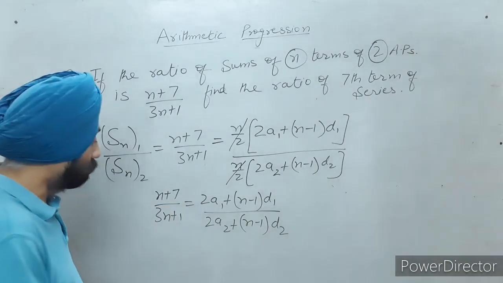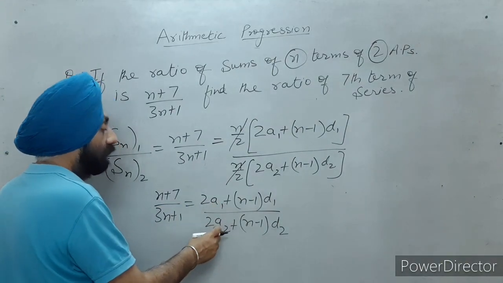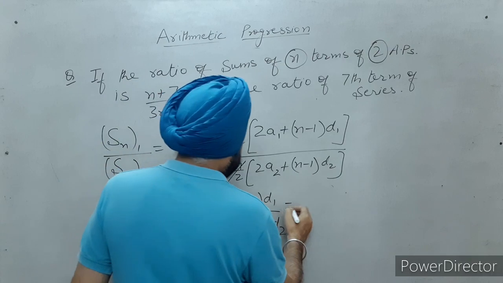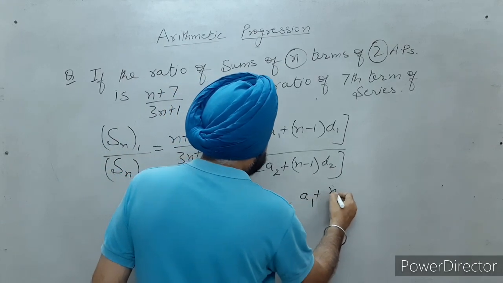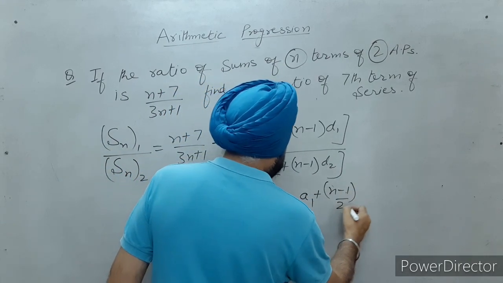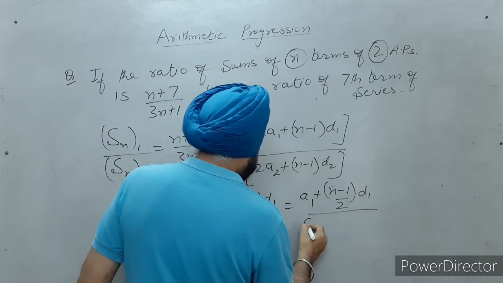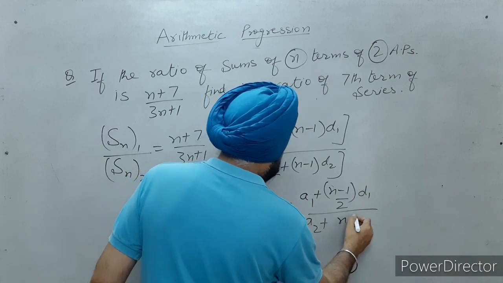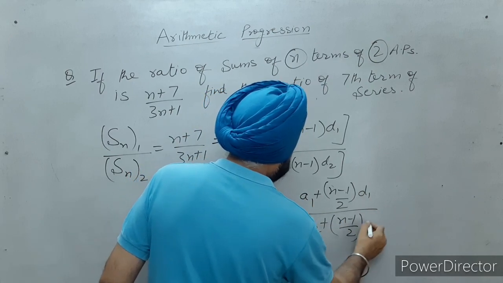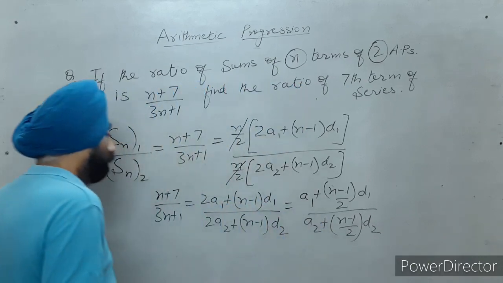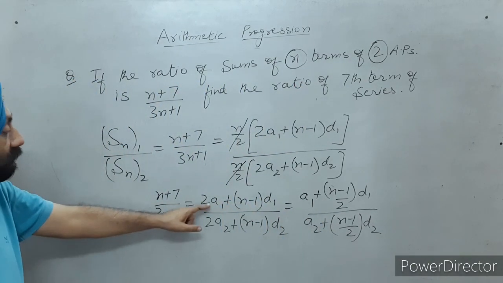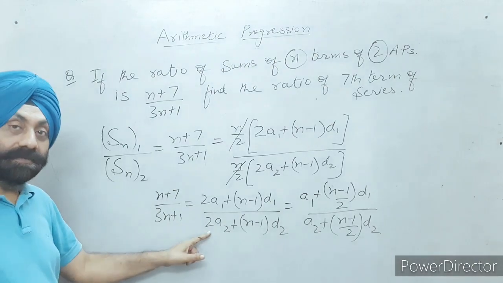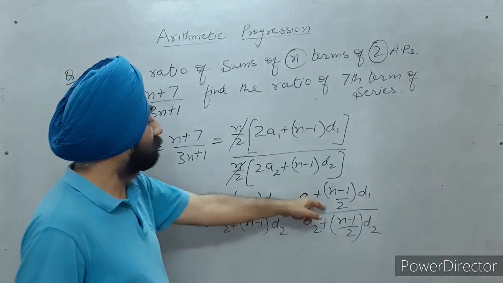What I am now going to do is divide numerator and denominator by 2. So what I get is a1 plus n minus 1 by 2 d1 divided by a2 plus n minus 1 by 2 into d2. I have divided the numerator and the denominator by 2, so I get this thing.